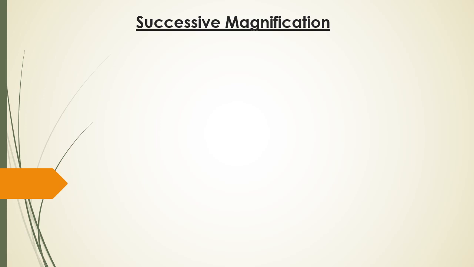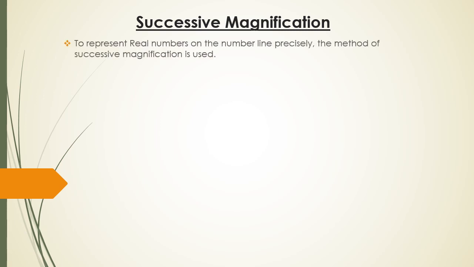So let us start with this, but before that we will see some important things. Real numbers are nothing but the combination of rational as well as irrational numbers. To represent real numbers on the number line precisely, exactly, the method of successive magnification is used.